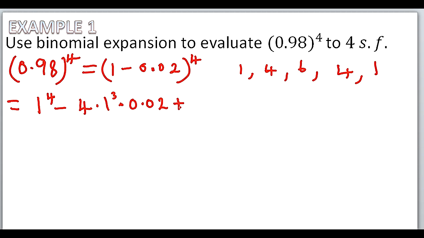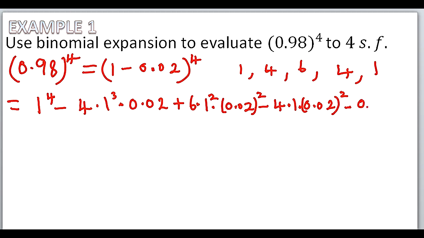Then we write plus, we have 6, multiplied by 1 to power 2, multiplied by 0.02 in bracket squared. Then we put minus. We have 4 multiplied by 1 multiplied by 0.02 in bracket cubed, minus.